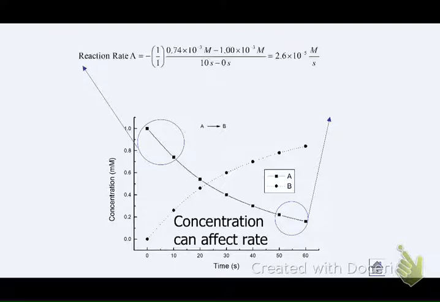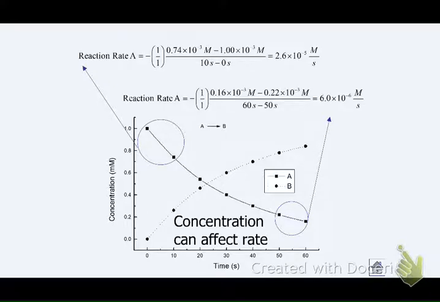Just to show you something else, you can calculate reaction rates for anywhere, right? And you'll notice, like I did the initial reaction rate, that's up on the top, 2.6 times 10 to the minus 5th, and I also did the reaction rate down here, and it's 6.0 times 10 to the minus 6. Which one's faster? Which one's slower?